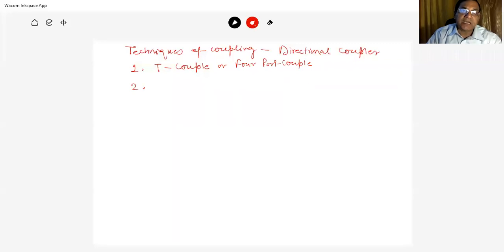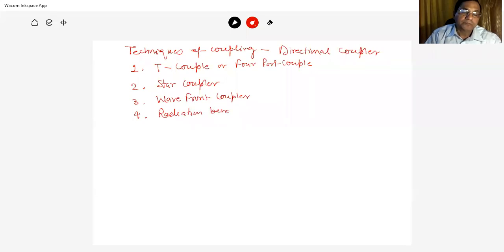Second is star coupler. Third one is wave front. And fourth is radiation bend fiber.